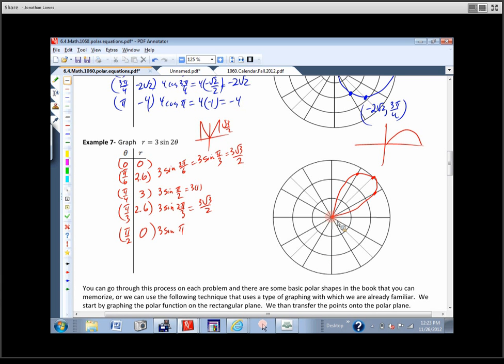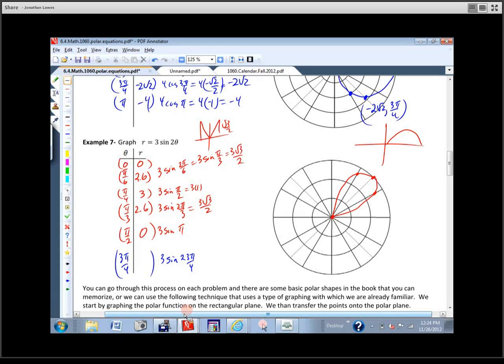Okay, now watch. I'm going to graph the point where we plug in 3 pi fourths. I'm going to change colors. 3 pi fourths. If you plug in 3 pi fourths, you get 3 times the sine of 2 times 3 pi fourths.